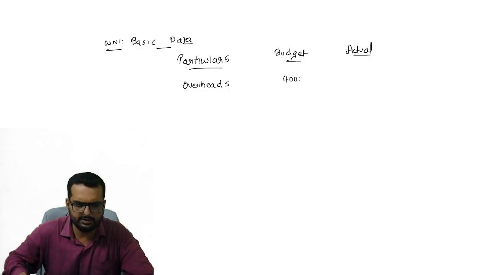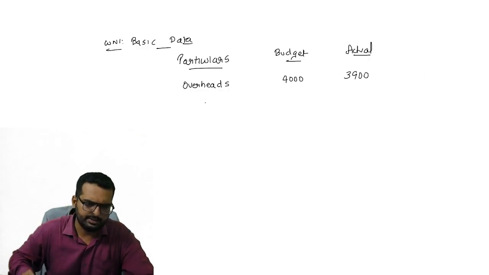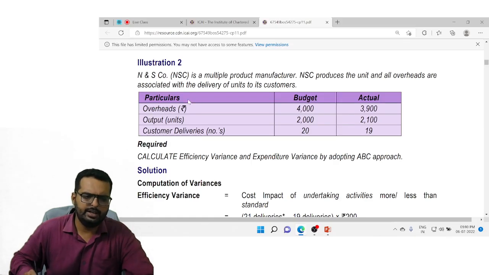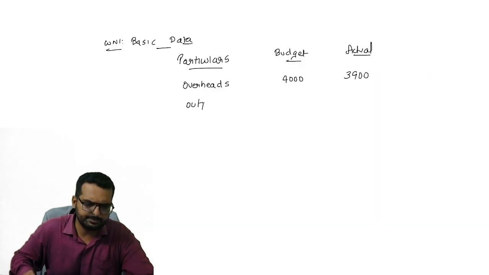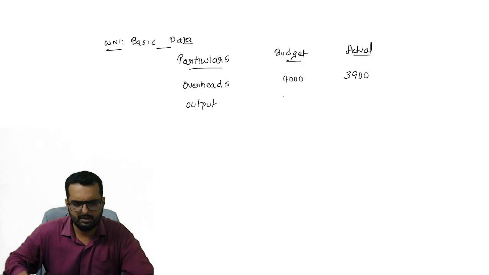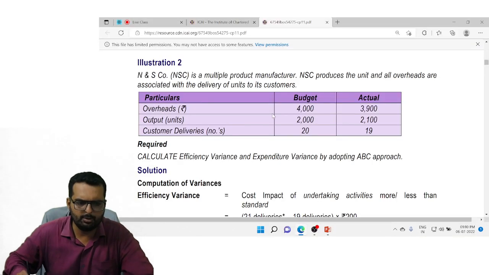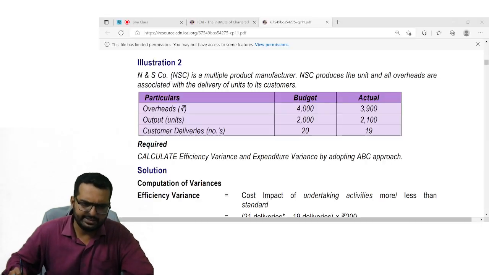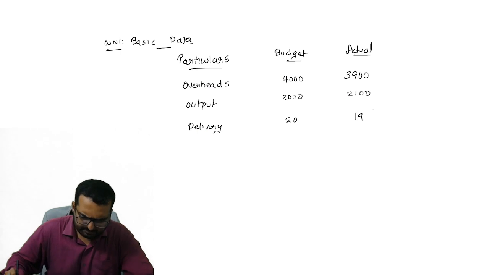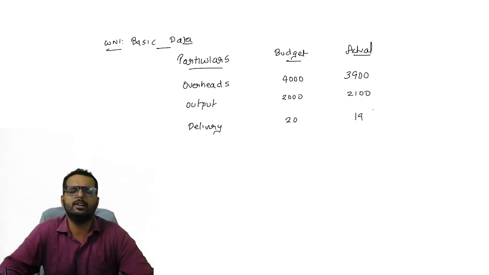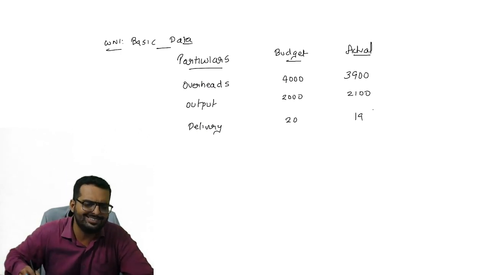You have 4,000, 3,900. They have given the output. 2,000 was the budgeted output, 2,100 is the actual output. They have given the number of deliveries, 20 deliveries, 19 deliveries. So friends, here we have a cost driver, that is delivery.